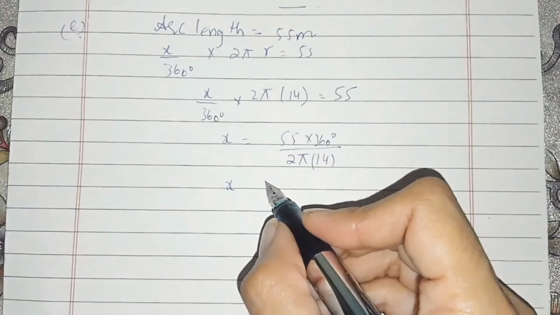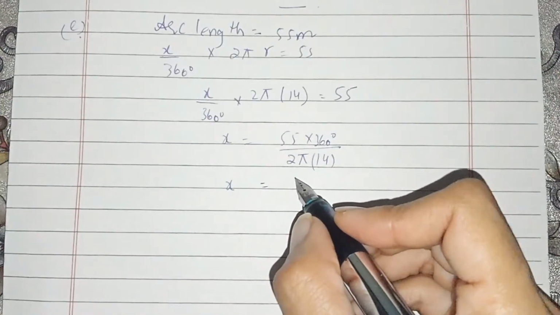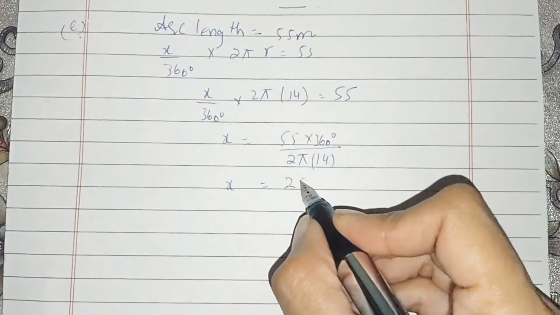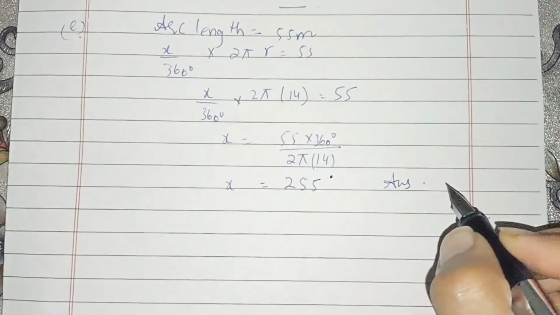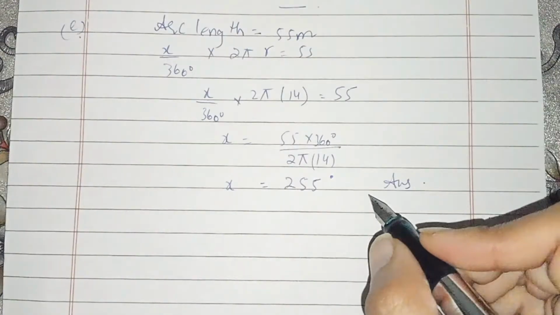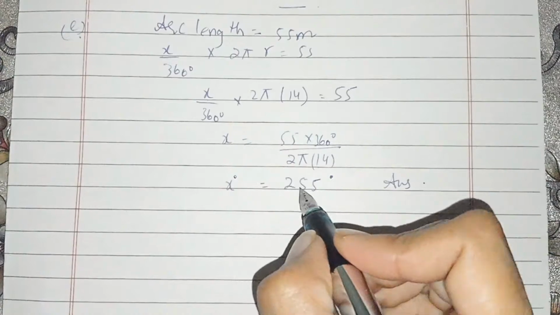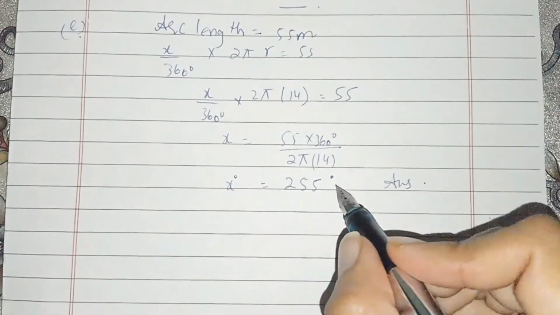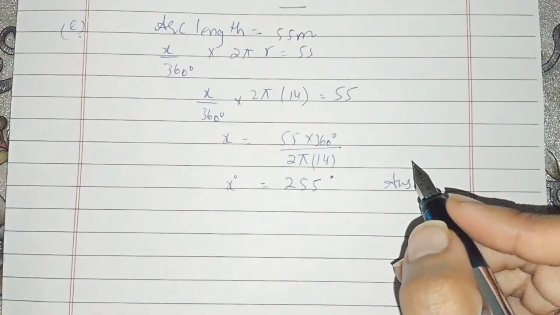By solving it, we get the angle at the center, which is 255 degrees. And now students, this is the answer of E part. The first thing, which is angle of center, is 255. Now we have to find the area and then perimeter.